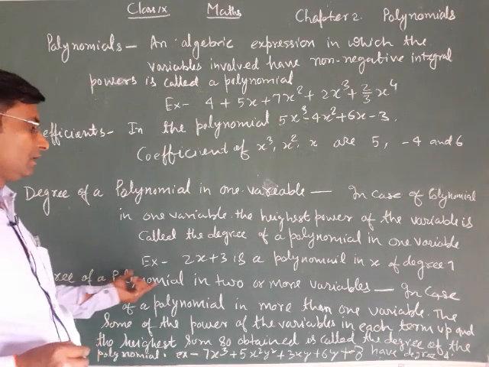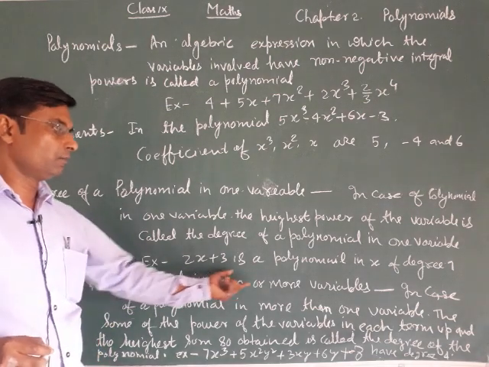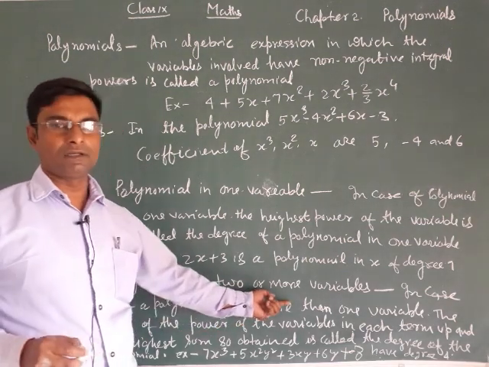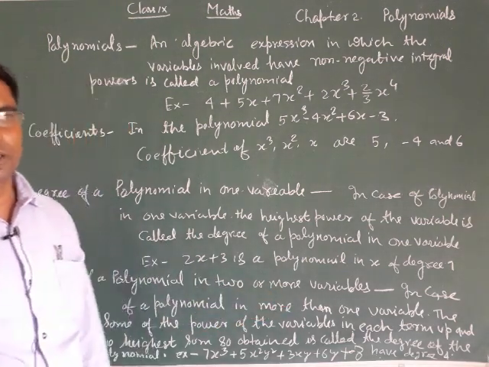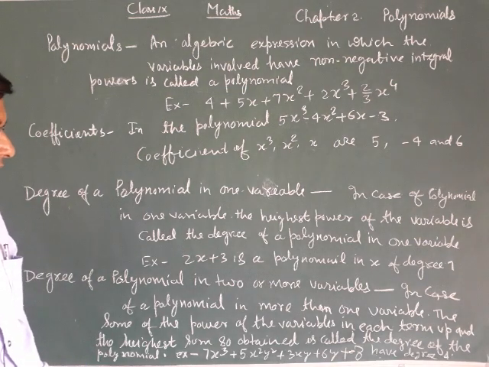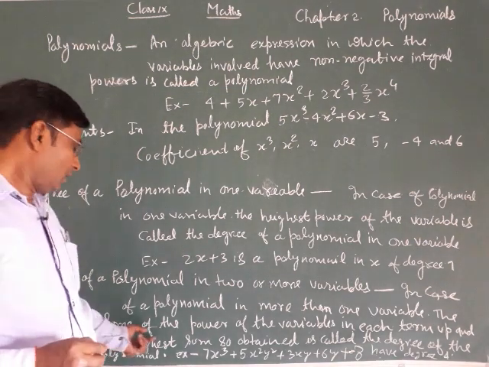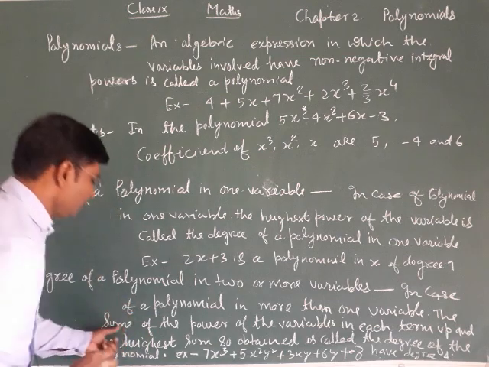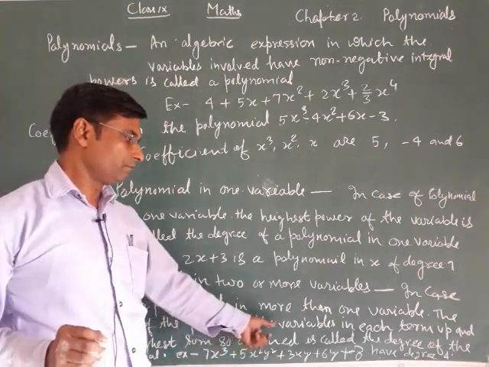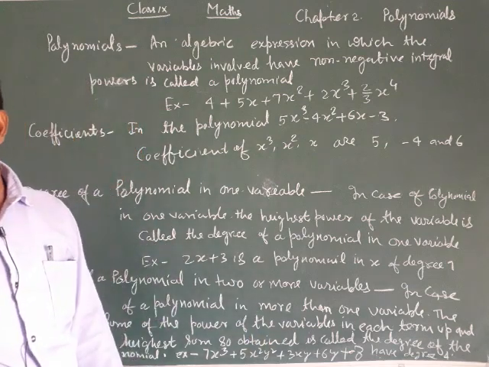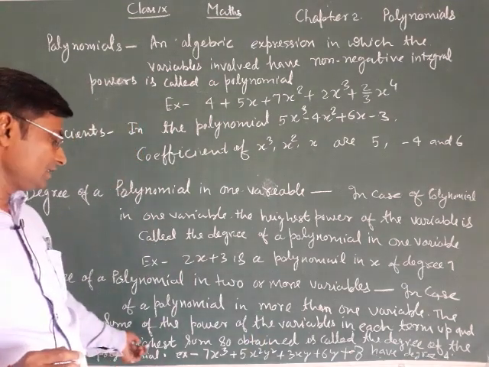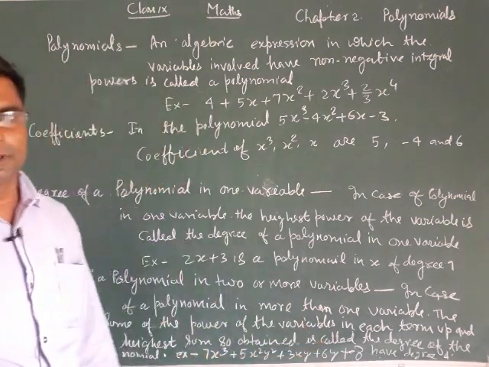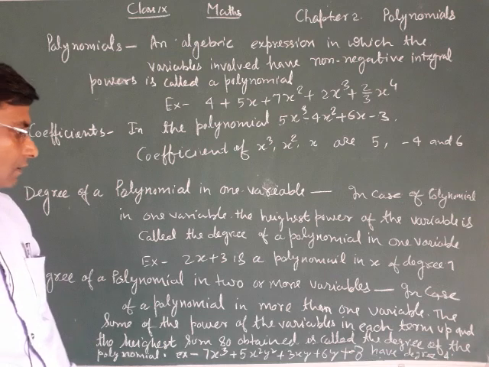Degree of a polynomial in 2 or more variables. In case of a polynomial in more than one variable, the sum of the powers of the variables in each term is taken, and the highest sum so obtained is called the degree of the polynomial.